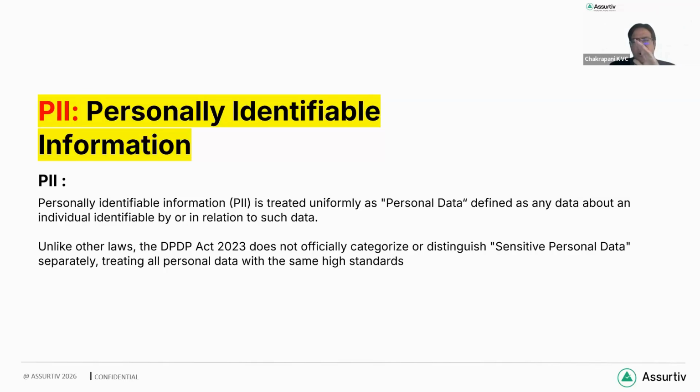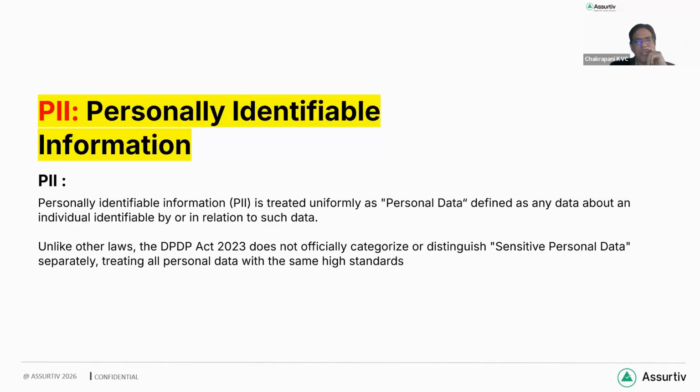Unlike all other laws of the Indian Constitution, the DPDP Act 2023 does not officially categorize or distinguish sensitive personal data separately. Why? Because any individual's personal data, whether in a sensitive form or non-sensitive, is totally covered under the personal data arena.